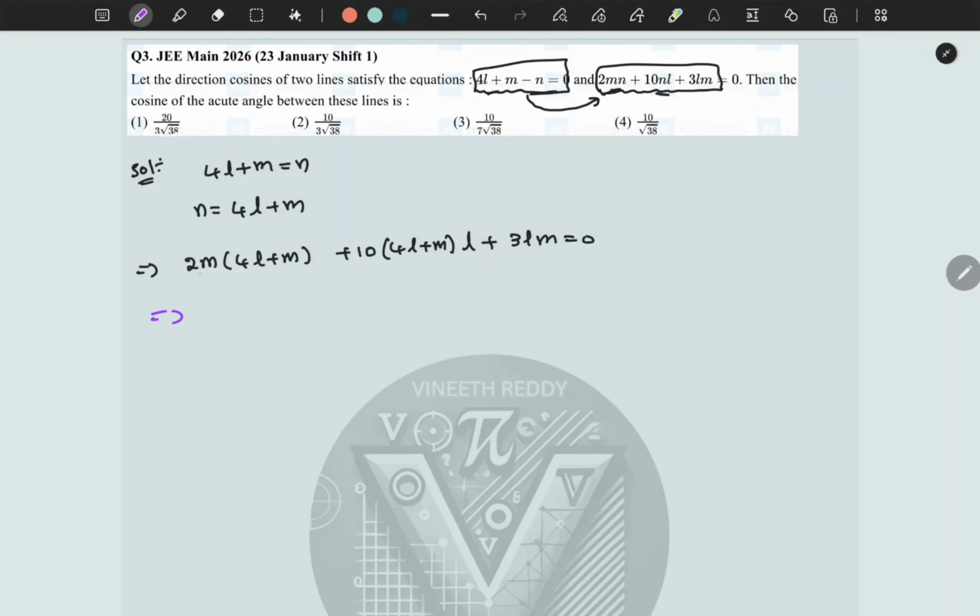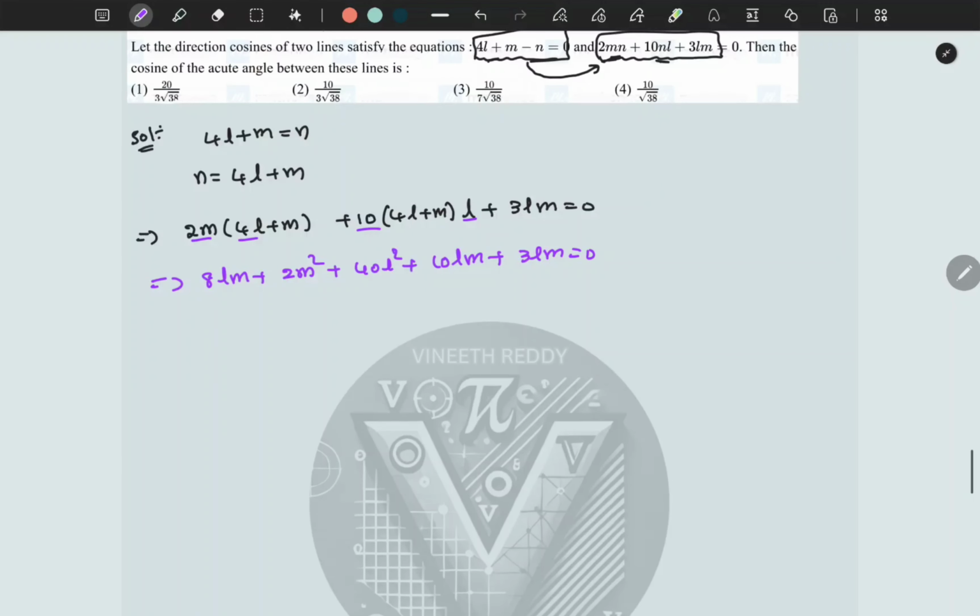Now how do I get it? 2m into 4l is 8lm, 2m into m is 2m², 10l into 4l is 40l², plus 10lm plus 3lm. Ultimately we get 40l² + (8 + 10 + 3 = 21)lm + 2m².